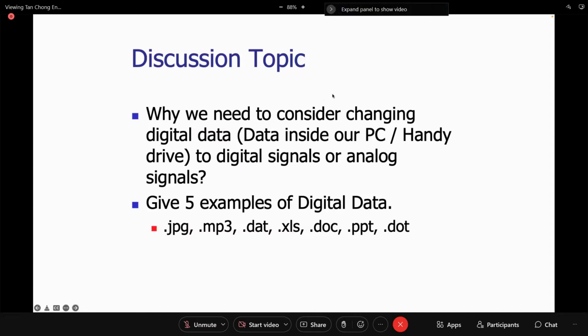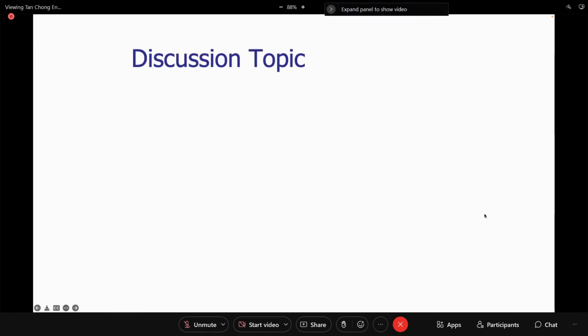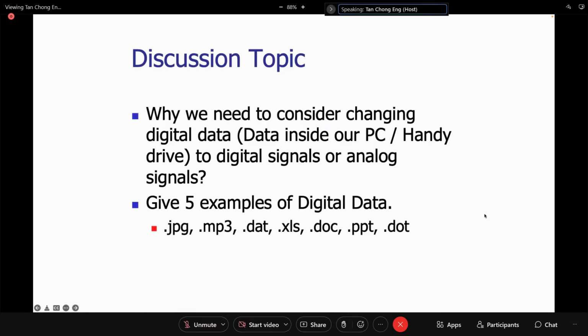Okay, so this topic is very much about digital and analog transmission. Throughout the entire transmission, the whole purpose of what we are transmitting is basically our data.